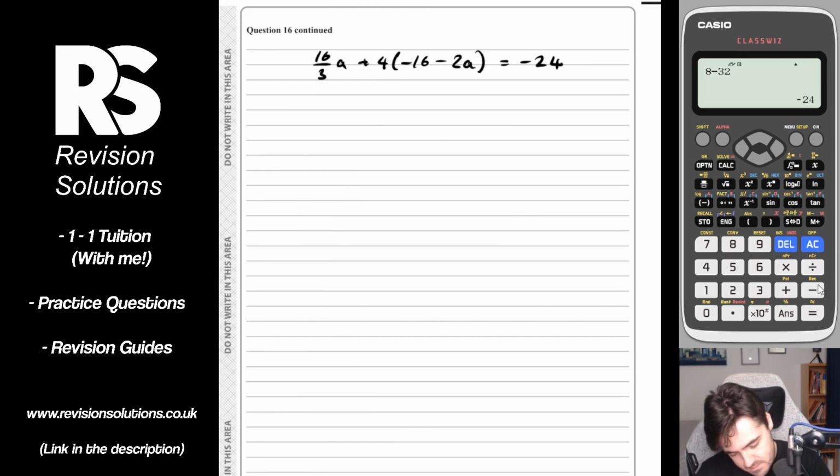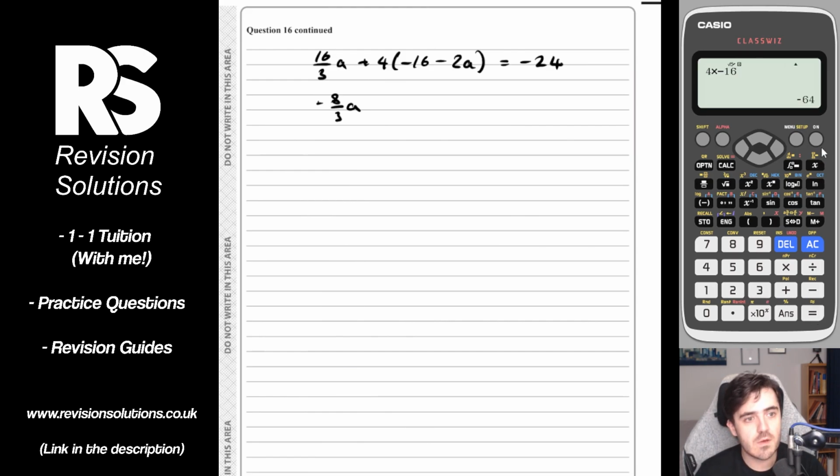So if we simplify that all down, we're going to have 16 over 3 a, and then it's going to wind up being minus 8a, so I'm just going to plug that in a calculator. 16 over 3 minus 8 is minus 8/3. So we have minus 8/3 a, and then 4 times minus 16 is minus 64.